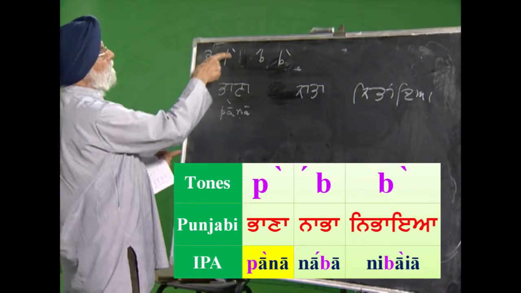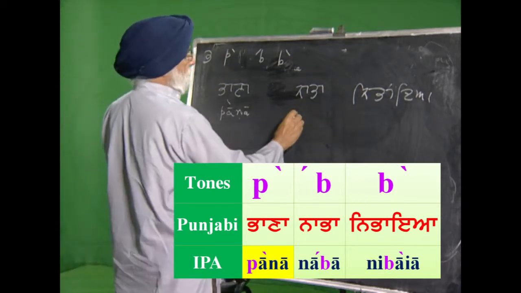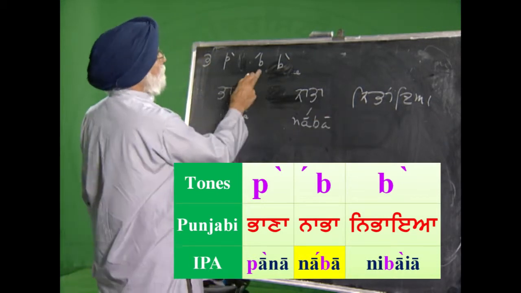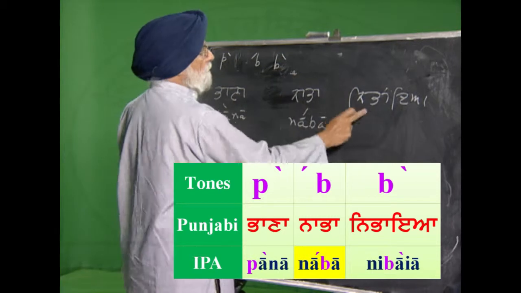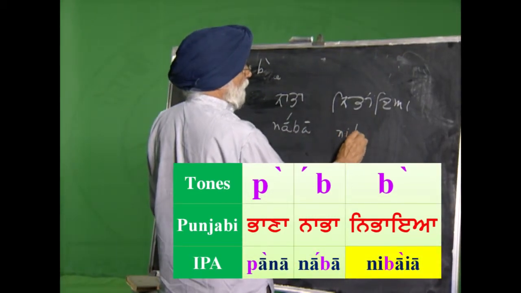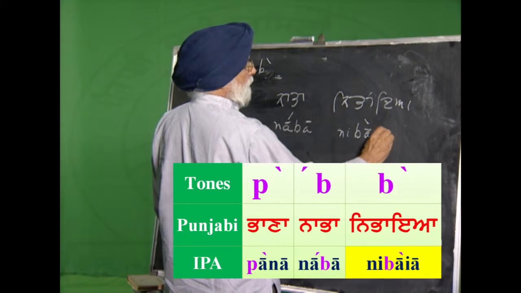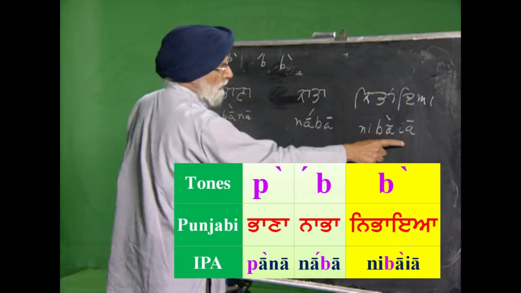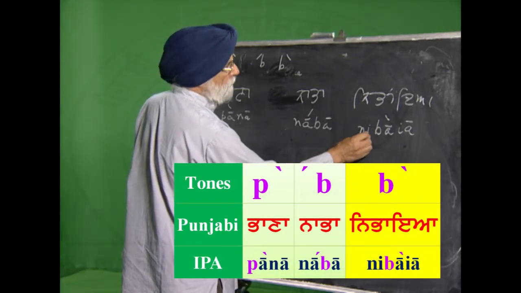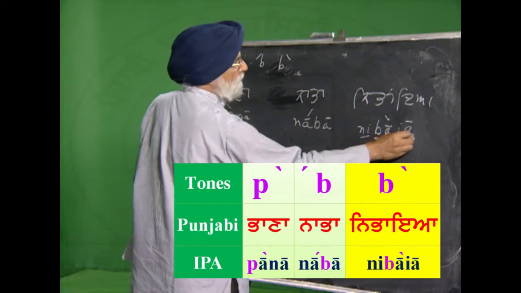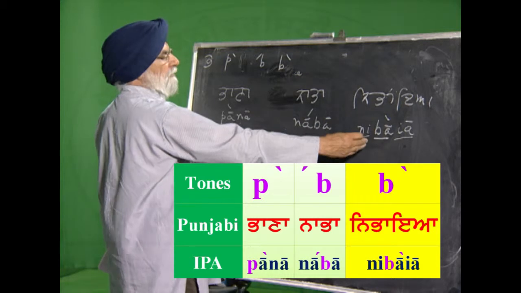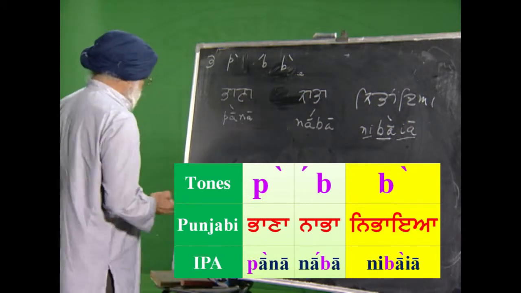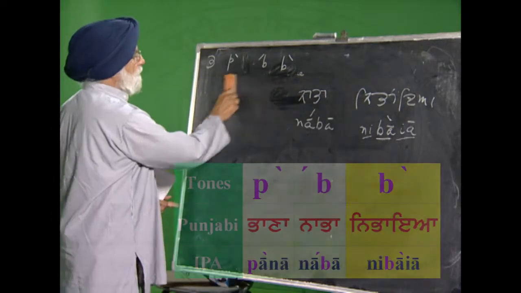See, this is pa followed by low tone, and this is high tone with ba. You see, high tone. So, you have this situation, and the third situation is ba followed by a low tone. You see, this is pana, naba, nibaya. This is the beginning. There are two syllables, niba, and actually three syllables. That means the beginning of the second syllable, and then followed by low tone. So, the same thing, but with these different examples.